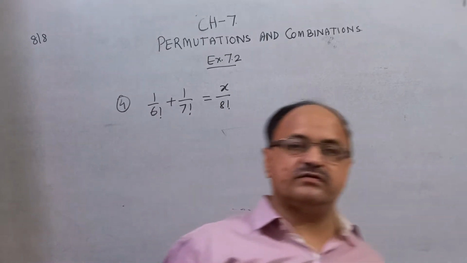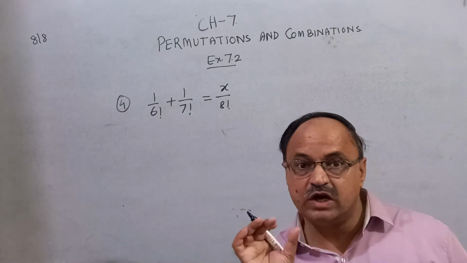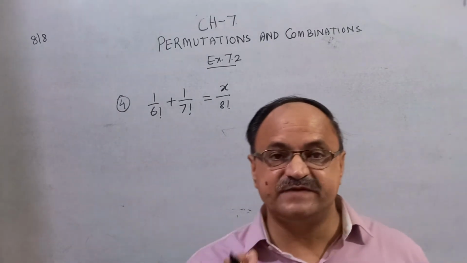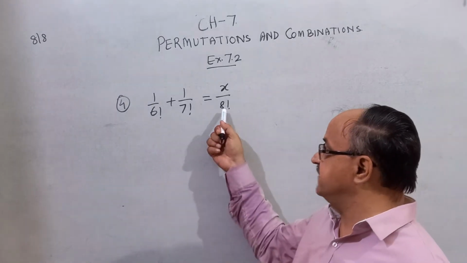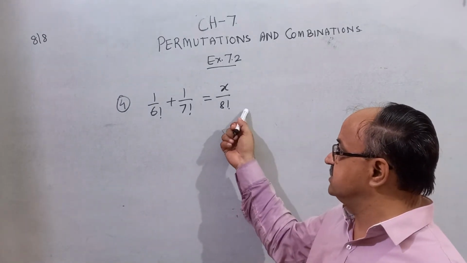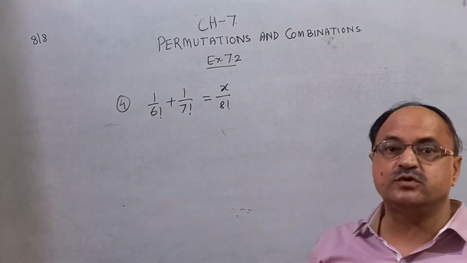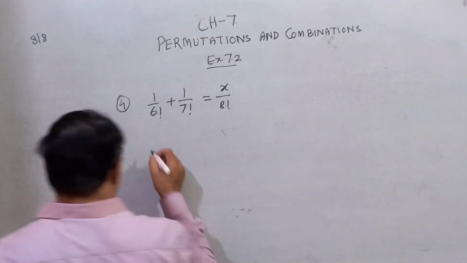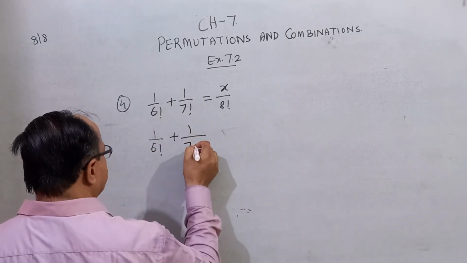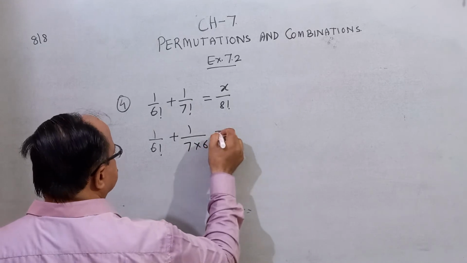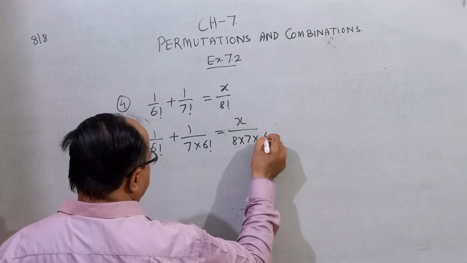Expand all the factorials up to the smallest factorial. It means you have to expand 8 factorial as 8 into 7 into 6 factorial, because 6 is the smallest, and expand 7 factorial up to 6. So you can write 1 upon 6 factorial plus 1 upon 7 into 6 factorial equals x upon 8 into 7 into 6 factorial.